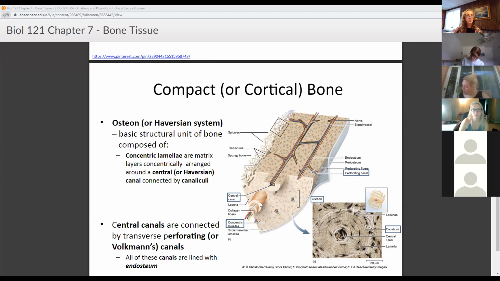Each of the concentric rings is what we call lamellae. And so we have these lamellae rings that are concentrically arranged around a central canal that contains blood vessels and nerves.